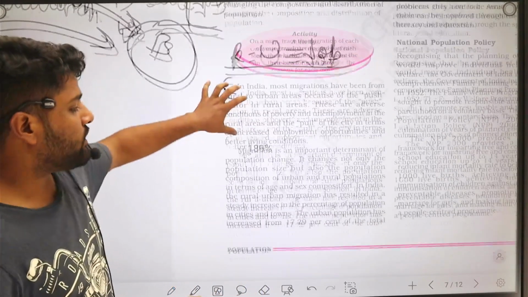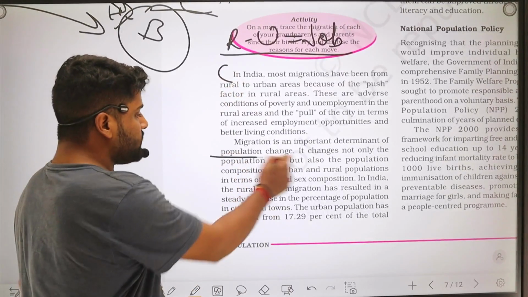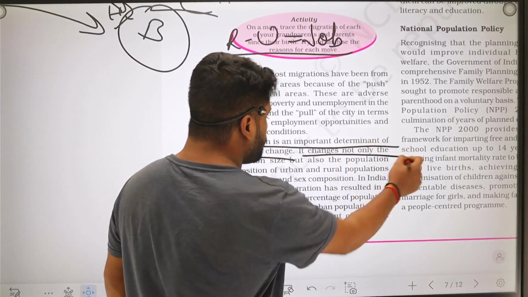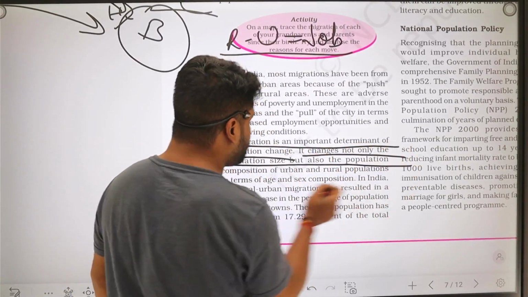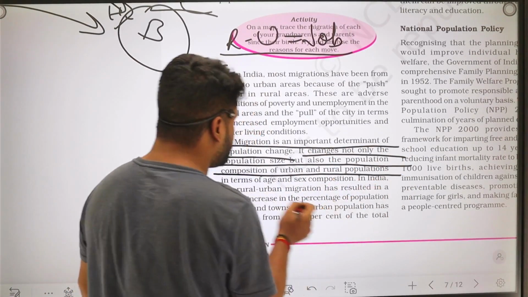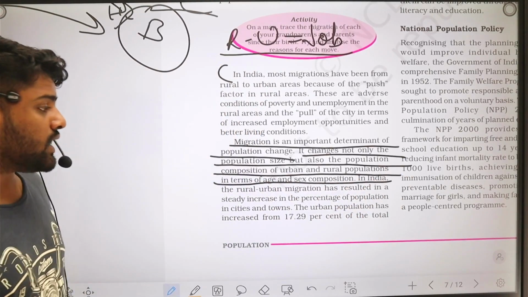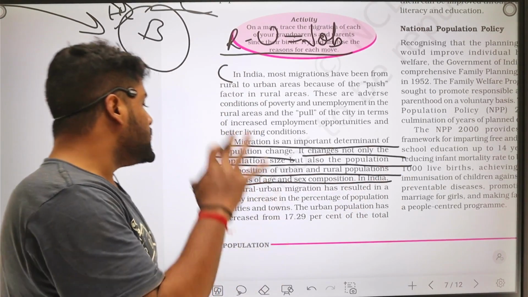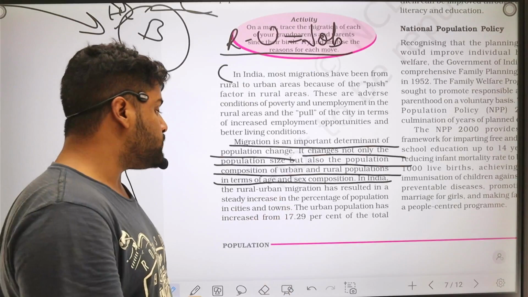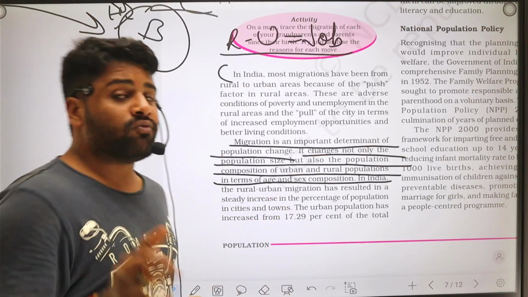Migration is an important determinant of population change. It changes not only the population size but also the population composition of urban and rural populations in terms of age and sex composition. In India, the rural-urban migration has resulted in a steady increase in the percentage of population in cities and towns.